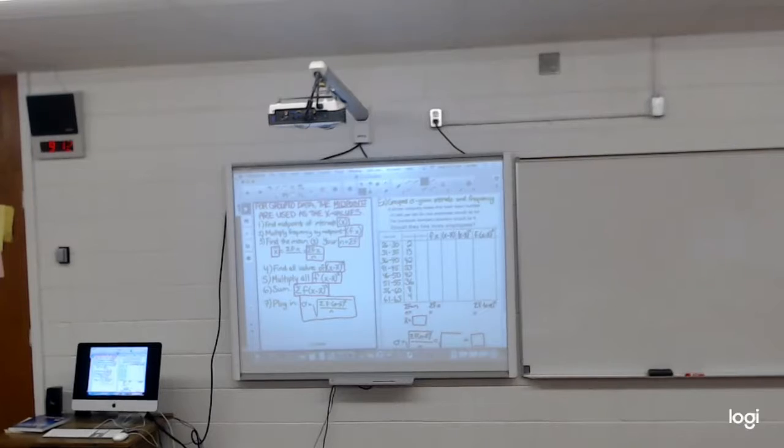The steps we did yesterday were calculating standard deviation, and this is calculating it for when there's a lot of scores. This table.